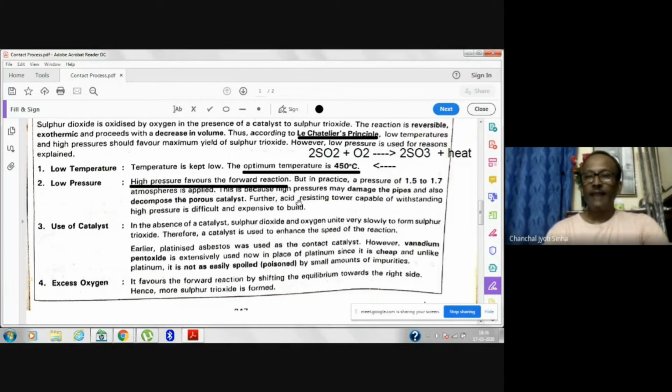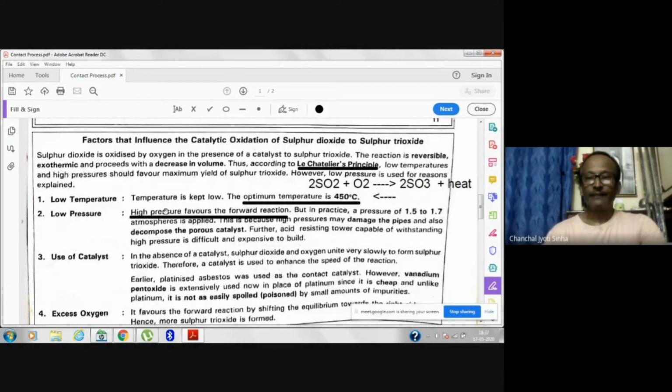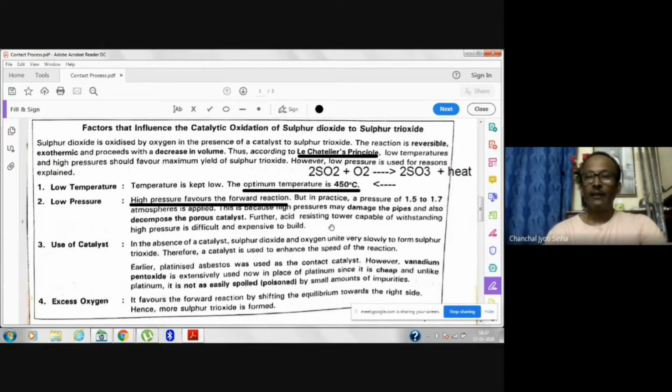Further, an acid resisting tower capable of withstanding high pressure is difficult and expensive to build. High pressure is hazardous in some ways. They may crack. So a pressure of 1.5 to 1.7 atmosphere is used in actual case.